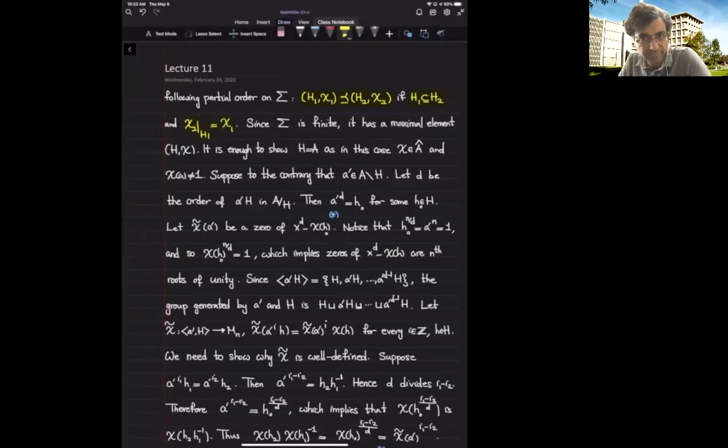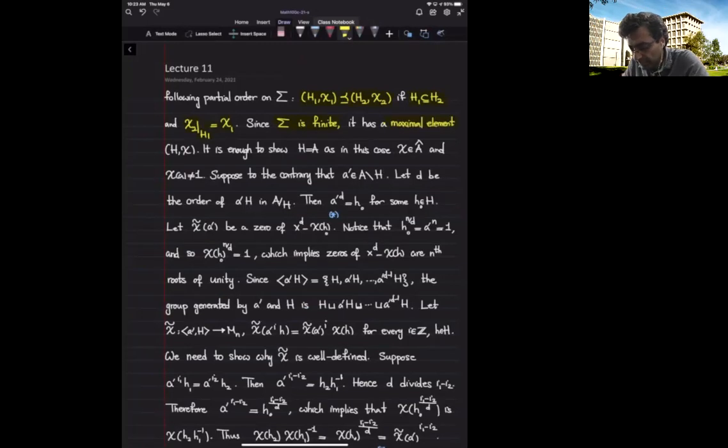So if I have such a phenomenon, then I say this pair is at most the other one. Now, because sigma is a finite set, with respect to any partial ordering, it has a maximal element. So sigma is a finite set because A is a finite abelian group. So this set, sigma, has a maximal element.